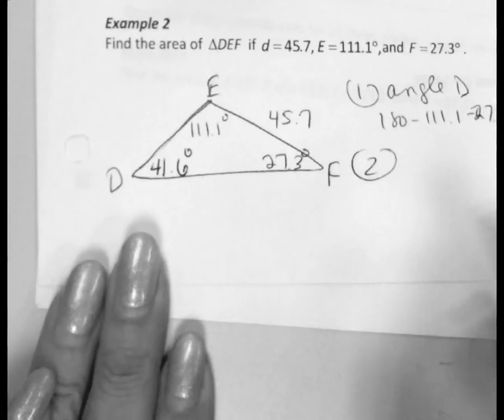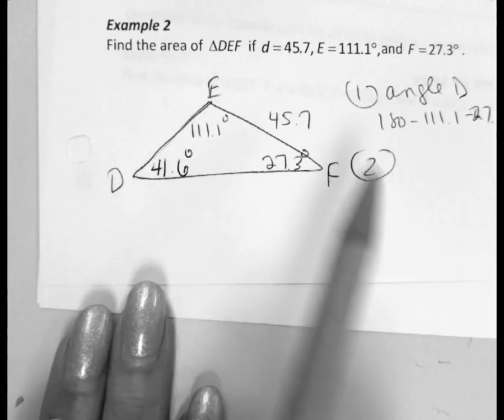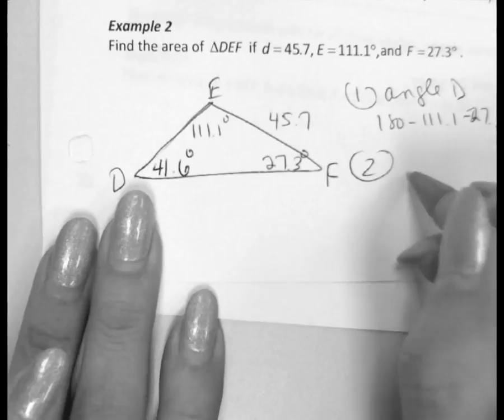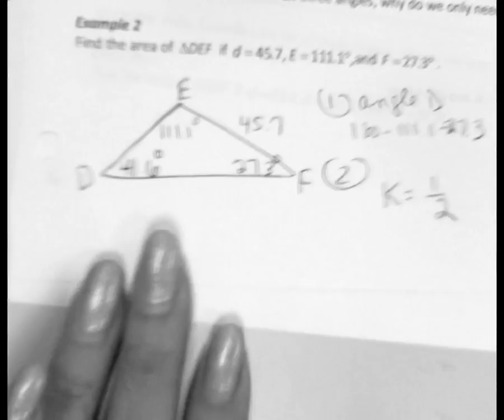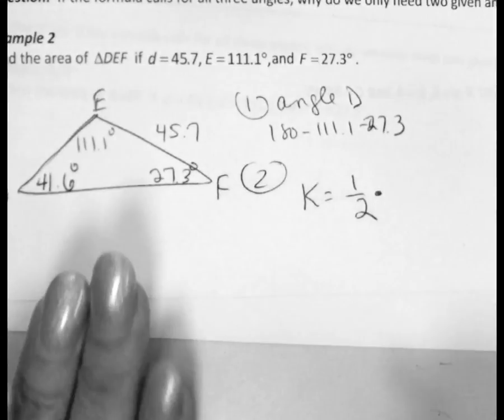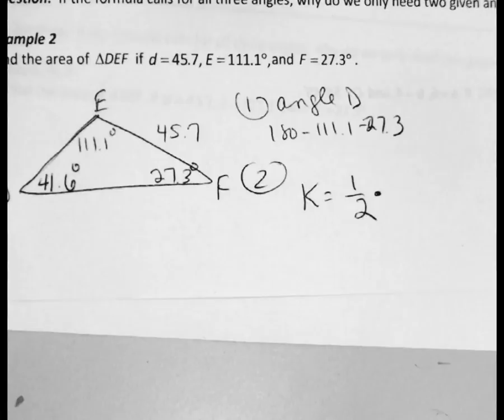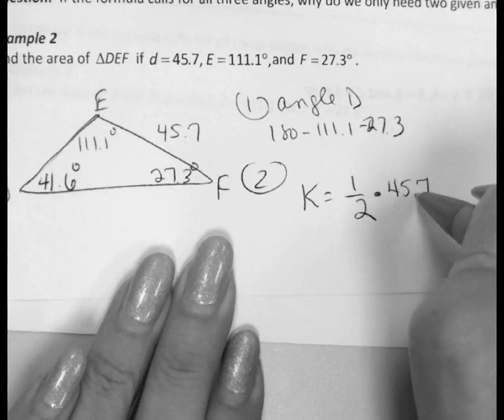We really can't decide which one we're using up here because this one's in A, B's, and C's, this one's in D's, E's, and F's. Here's what you have to know about this formula. It's going to be 1/2 times the side that you know squared. What side do we know? 45.7. So I want you to write 45.7 squared.